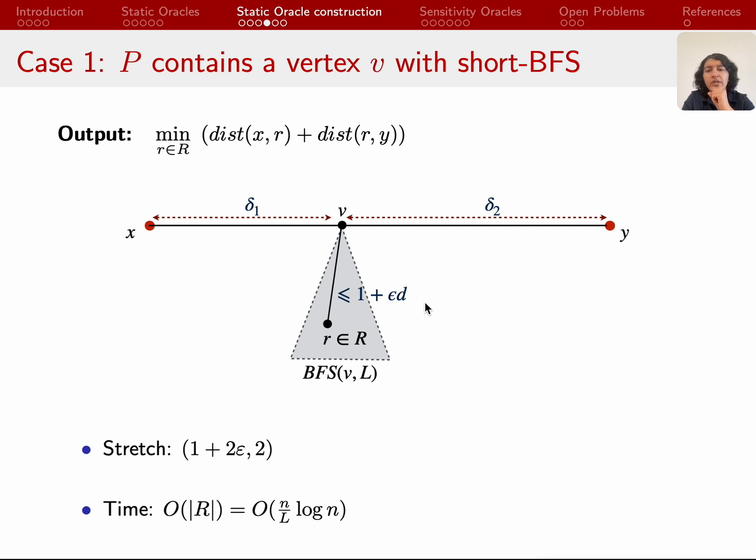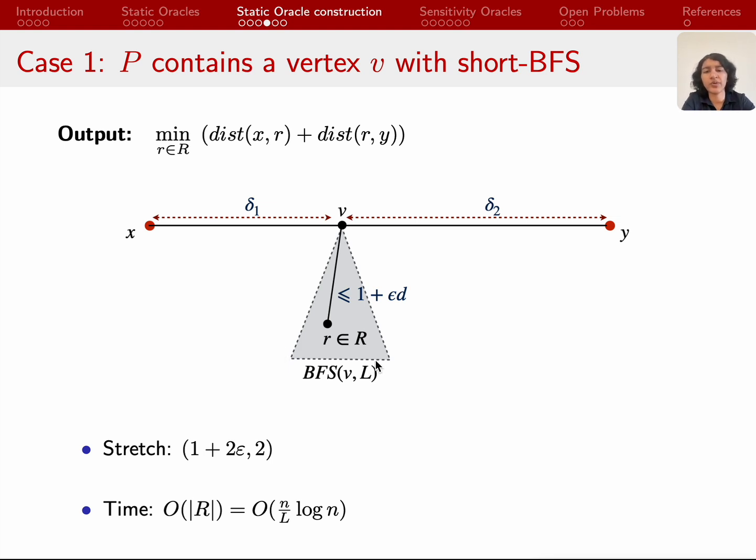Then note that using the triangle inequality, we can show that the x to r distance plus the r to y distance is at most the original distance d plus twice this length, twice 1 plus epsilon d, for any vertex r in this partial BFS tree.